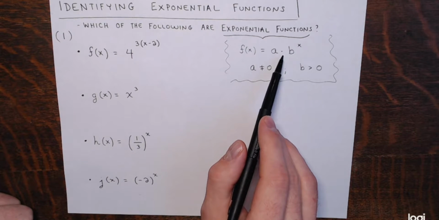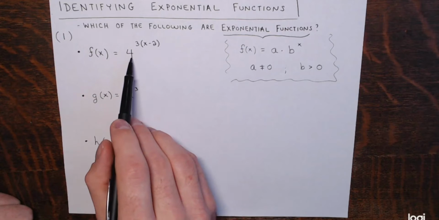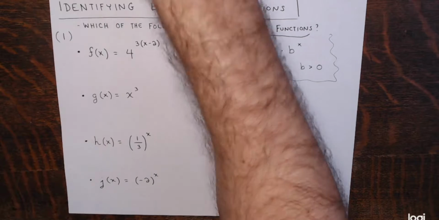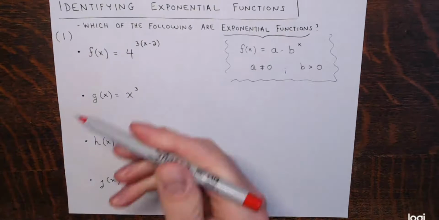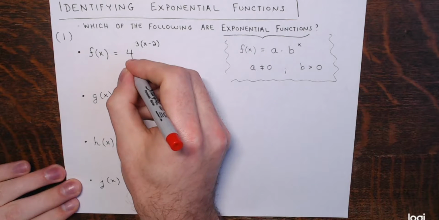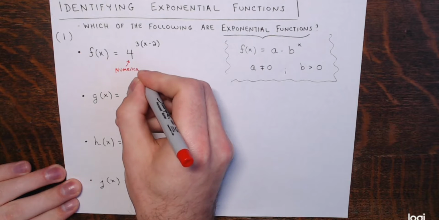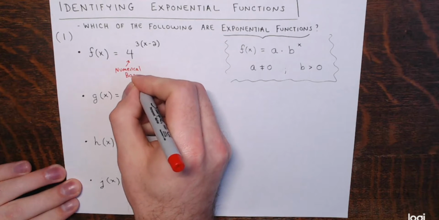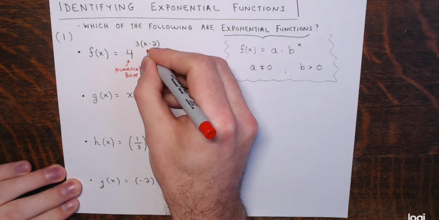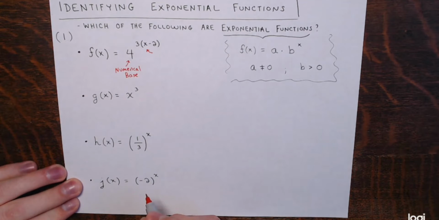but there's a numerical base. Right, there's a number base, a numerical base, and there's a variable to the first power.